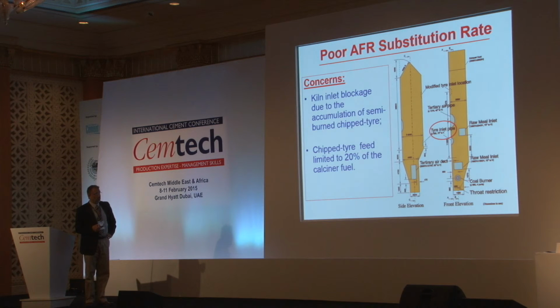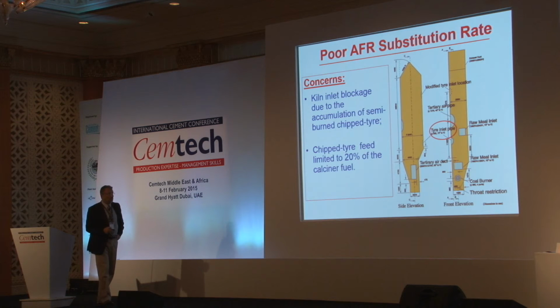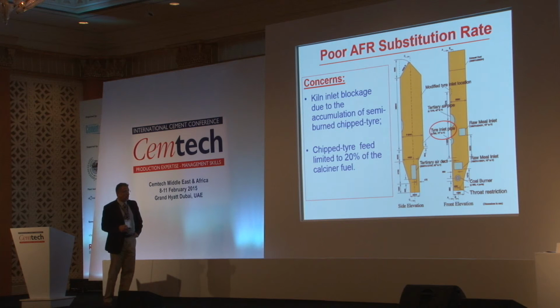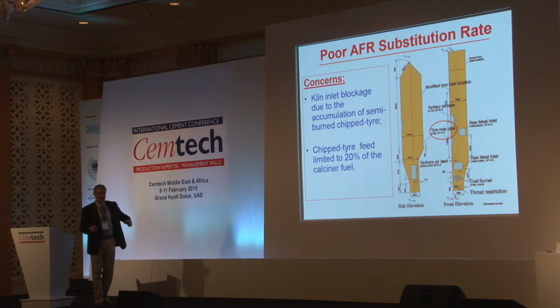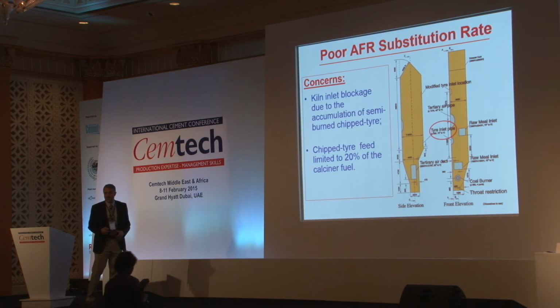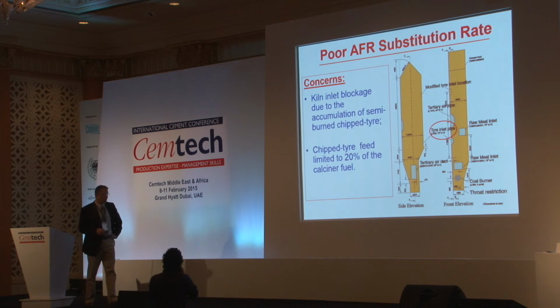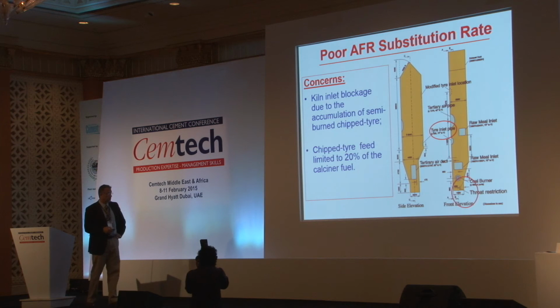Any chip tires fired over here, where the velocities in this region are around 28 to 25 meters per second, which are designed for submicron or micron particles, would fall down, and the plant was observing buildup in the kiln riser area, so they could not fire more than 20% thermal substitution of the chip tires.